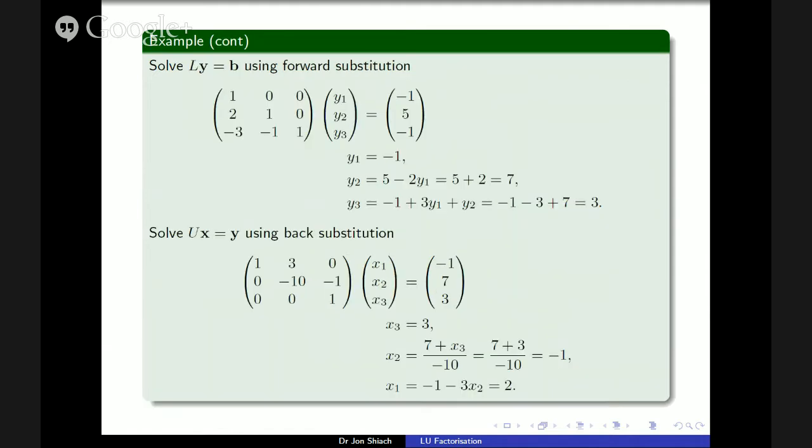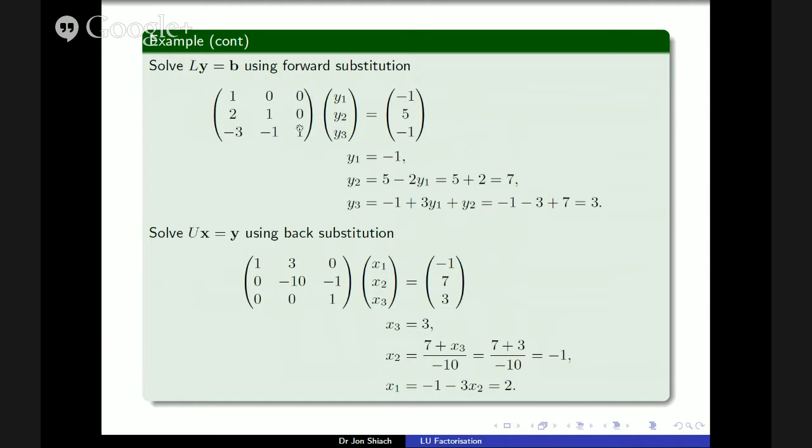To solve, we first solve Ly equals B. So here's my L, my lower triangular matrix. This is my vector of Y's, and that's my right-hand side vector B. The first Y1 is always the first B because we have 1 there. So Y1 is minus 1.